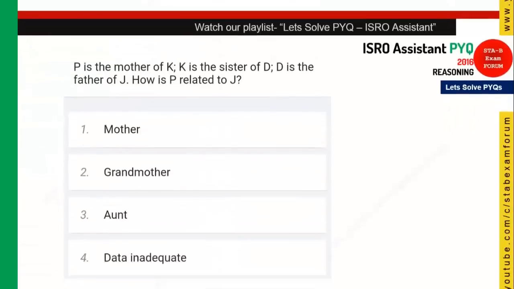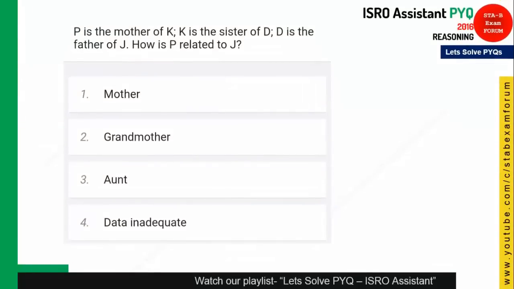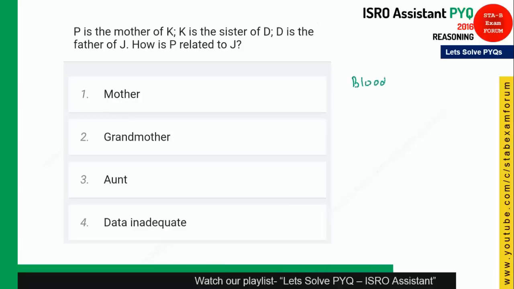Let's see the next question. This is from blood relationship. In all competitive examinations you have at least one question on blood relationship, and as I told you, for this type of question you need to know how to draw the tree diagram.